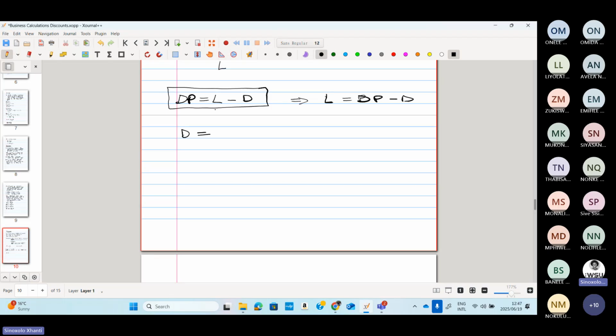What am I doing now? I am lying. This one is supposed to be a plus because I'm taking it to the other side. So this one's supposed to be a plus there. If I take it to that side and this side, L is going to be minus DP. So these are just the equations that you can actually deduce from this equation there.